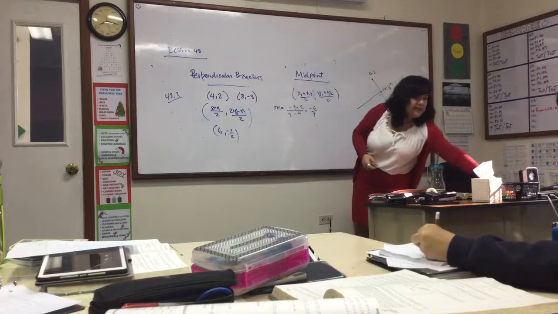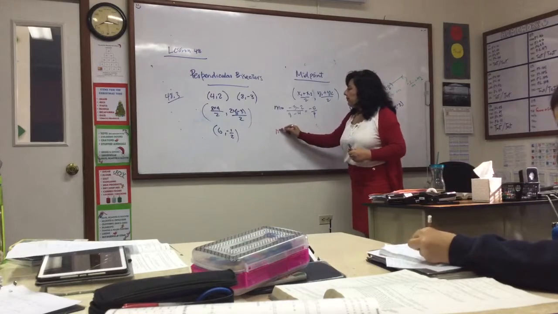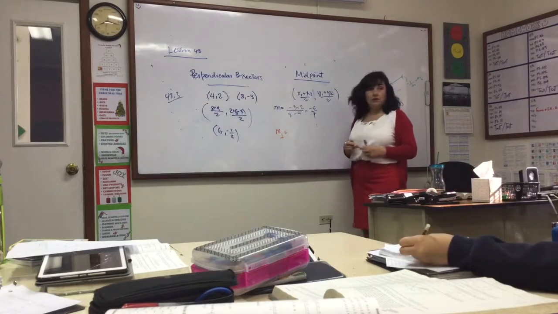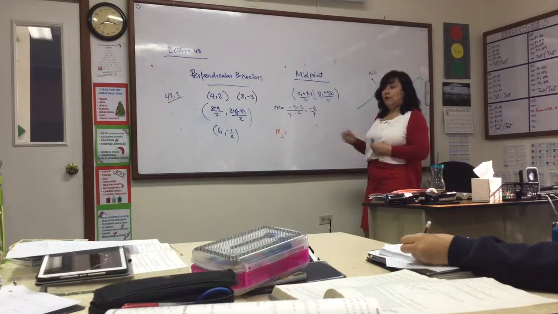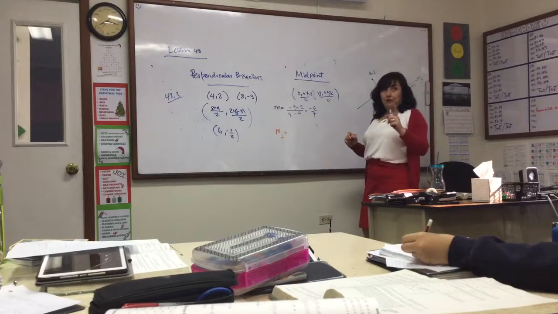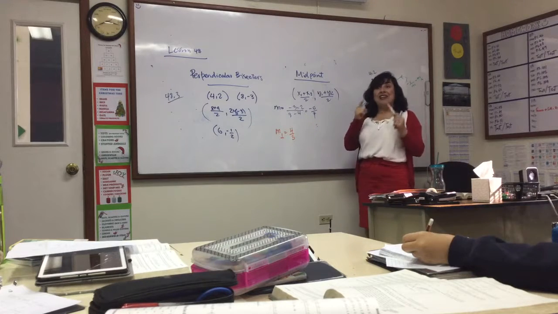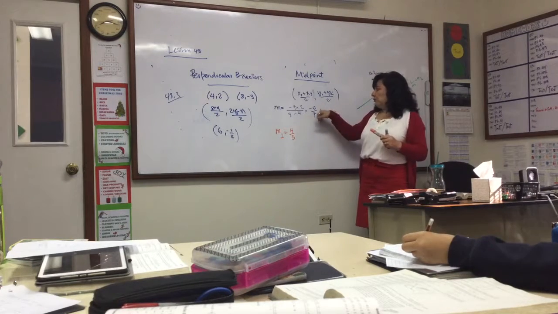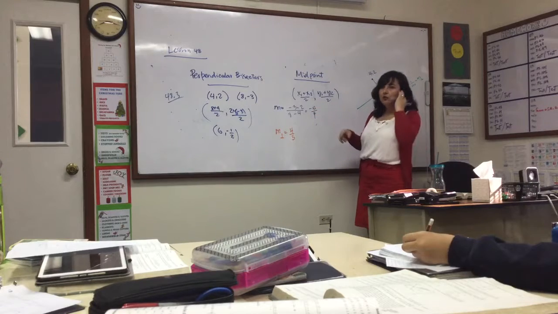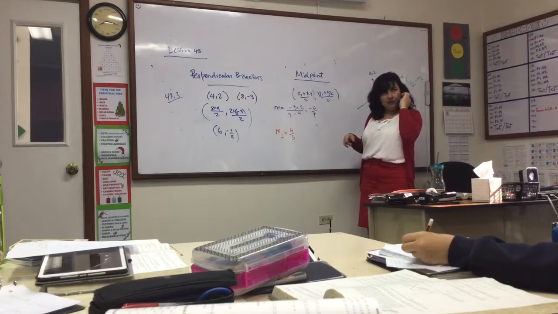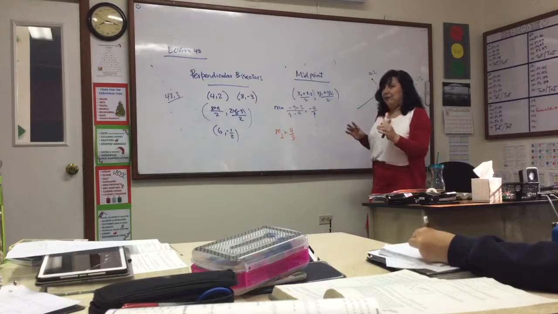So what is the perpendicular slope? 4 over 5. It's a negative reciprocal, which means you have to get -1 as a result. So you already have the negative, right? Is that correct? Yes.